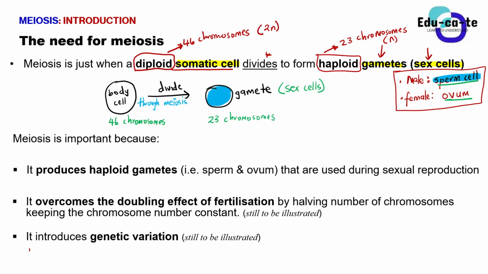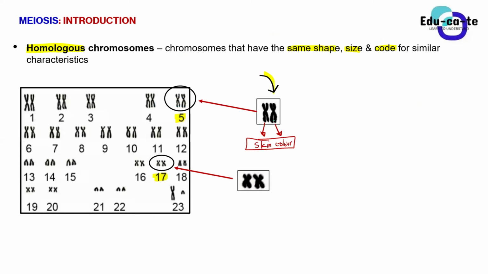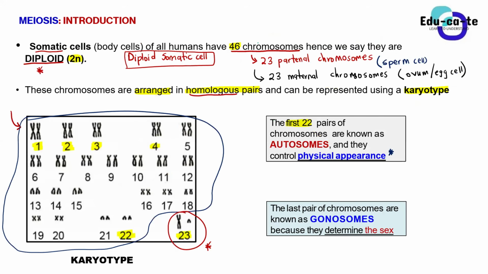Basically, guys, the sex cells are haploid. It means that they contain 23 chromosomes, but the cells of your body contain 46 chromosomes. That is why, when we did the first introduction, I told you that 23 chromosomes come from your father's sperm cell.